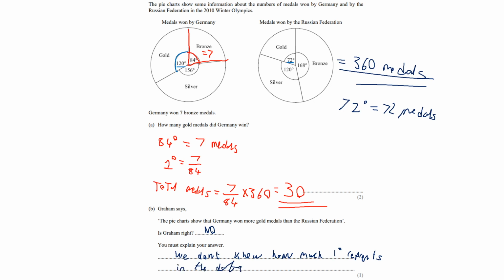Yeah? Because 1 degree could be 1 medal. We know 1 degree here is 7/84 medals, but we don't know what it is for Russia. So therefore, there's no way of knowing how many medals each of these represent.